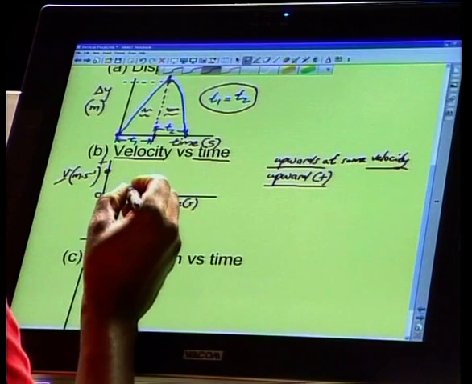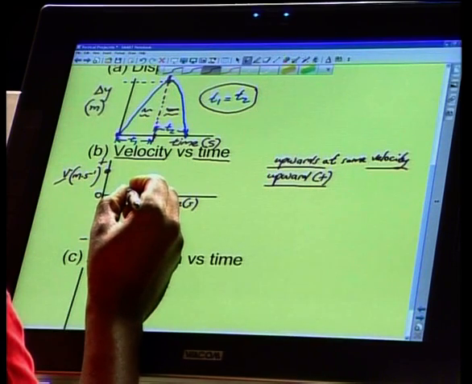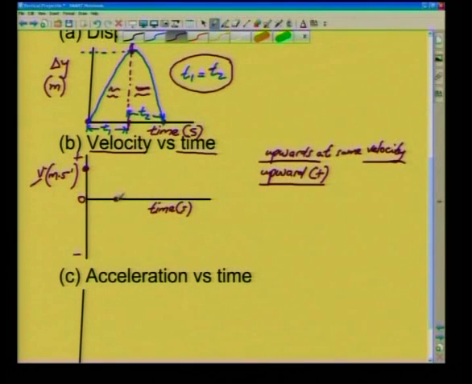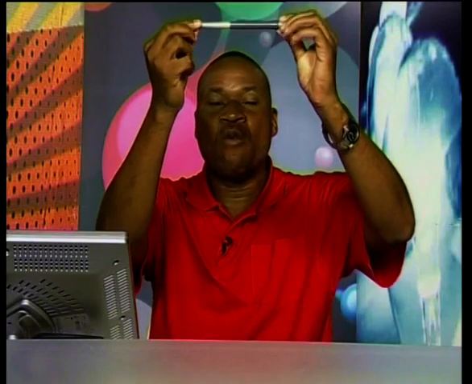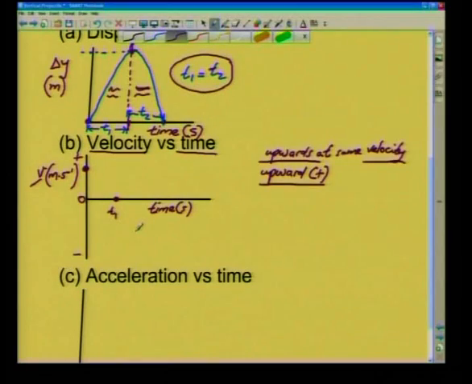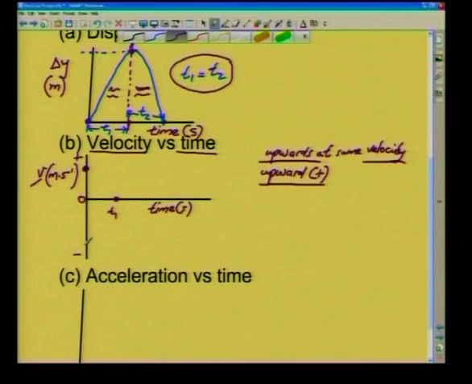Now, this means that there is a time when the velocity of the object was zero. So we have some point there. This is at t1 when the velocity of the object was zero. This is at the maximum height where it stopped a little bit and then began to fall downwards. And as it comes downwards, its velocity is actually increasing, and it hits my hand with some velocity. So say it hit my hand with a velocity maybe at that point.